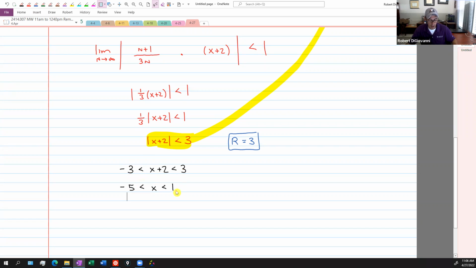Subtract 2 here, I get 1. So I know right now that as long as you give me an x value between -5 and 1, and plug it into this power series, I will have convergence. What I don't know is what happens at the endpoints, right?